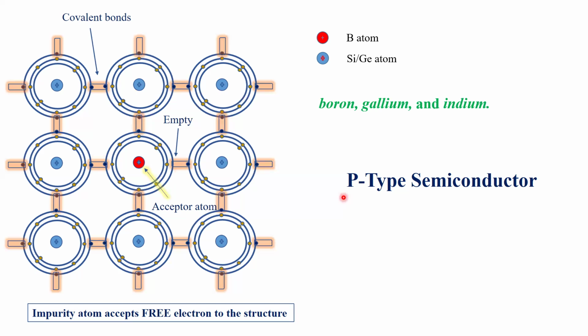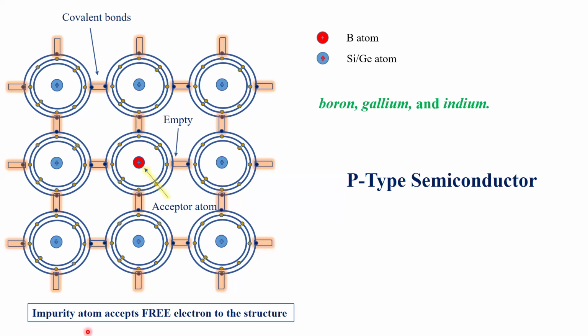There would be so many such atoms added to this silicon or germanium crystal lattice to create a new lattice. Because of each atomic addition, you will have many free charge carriers which will have positive charges. In earlier cases, the free charge carriers are electrons in n-type, and that is called an n-type semiconductor. In this case, this would be called a p-type semiconductor.